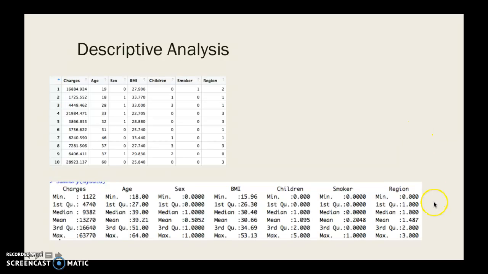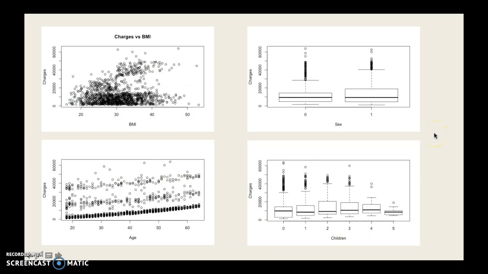We've just got a quick summary here of those variables. So it looks like the mean is just over 13,000, mean age 39, and so on. So that's the basis of the data set. We've got a few plots here.